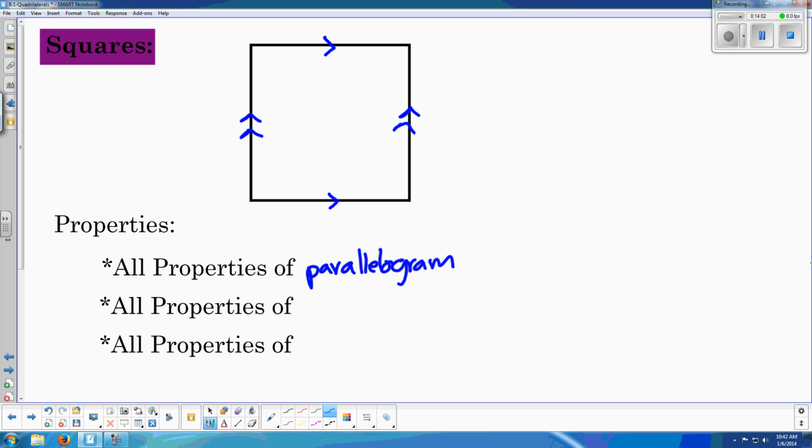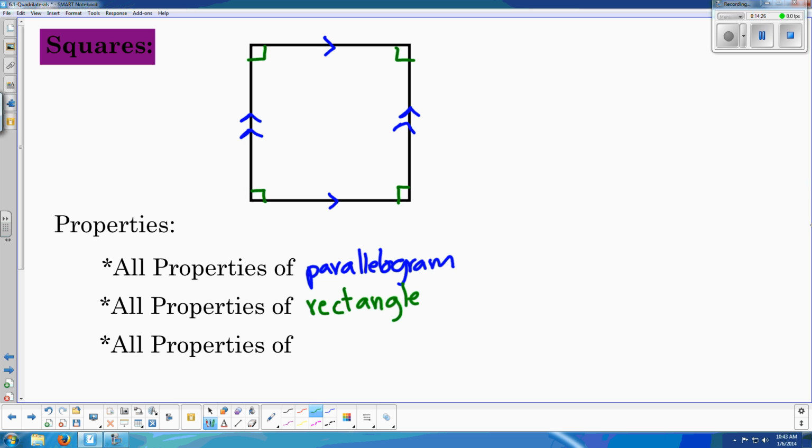And we have all the properties of a rectangle, which means we have a right angle here, and a right angle here, right angle, right angle, because remember the property for a rectangle is that all of the angles are right angles.